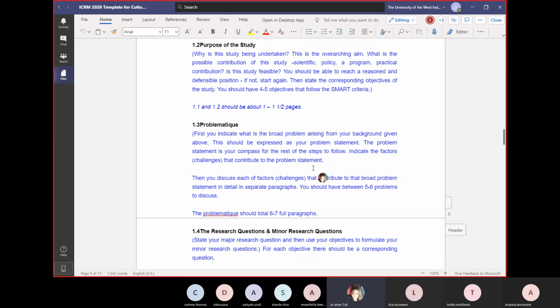I repeat, just as we have it constructed on worksheet 3 is how it is to be placed on our 1 page representing our paragraph 3, which is to say our 1 page for paragraph 3 only requires the problem statement, which is the sentence, and then the factors that contribute to that problem statement, which is what you were asked to do on the worksheet, and that is what is required of the 1 page. Everybody's with me so far?